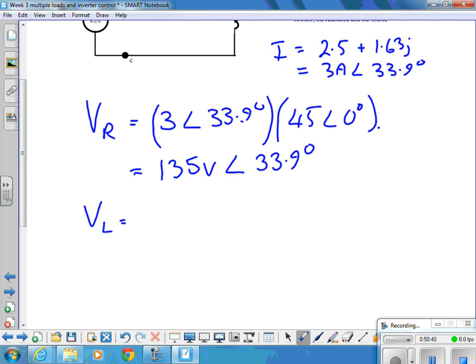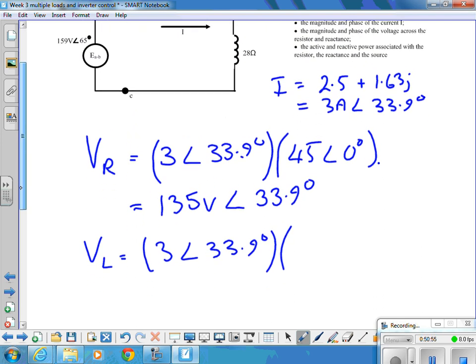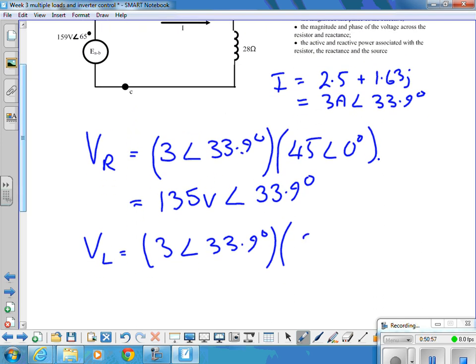VL, same current, 3 angle 33.9 degrees. This time we've got 28 ohms. The angle associated with the inductor is plus 90 degrees.